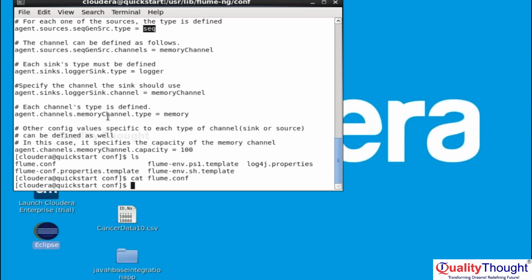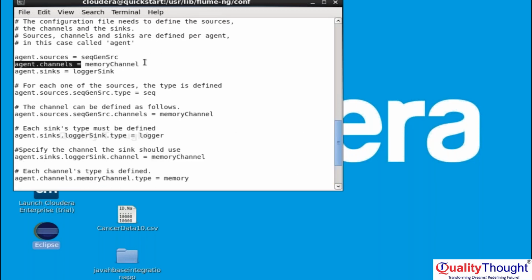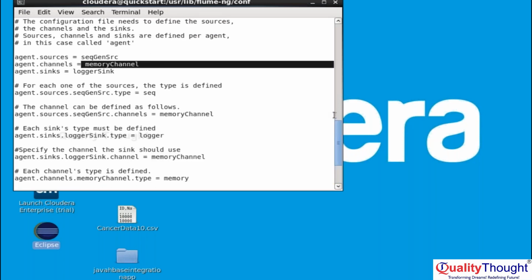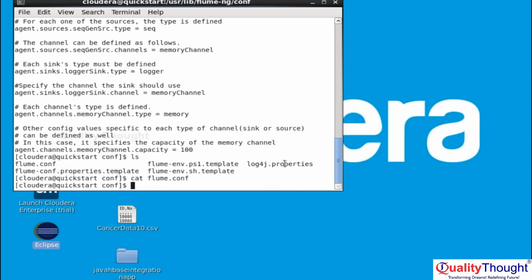We are saying agent.sinks.logger-sink.channel. This is the channel name we gave, so if you want to read data, go to this name and read data.